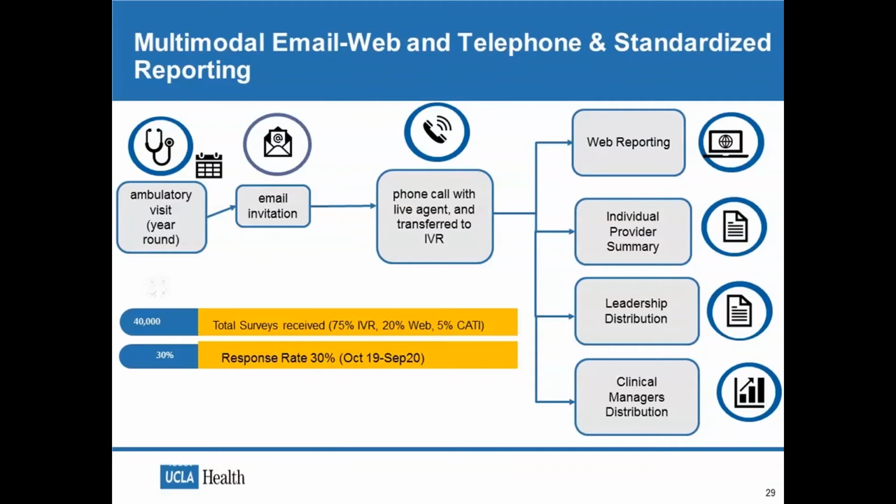As you can see in the orange bar, about 75% of the responses come over the telephone through the automated system, about 20% by web, and 5% require assistance. Our response rate has been about 30% recently. To enhance response rates, patients are alerted ahead of time that they may be asked to complete a survey, and we have found that to be a best practice.